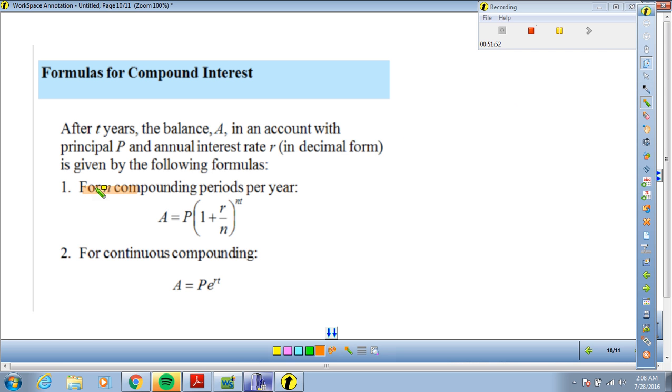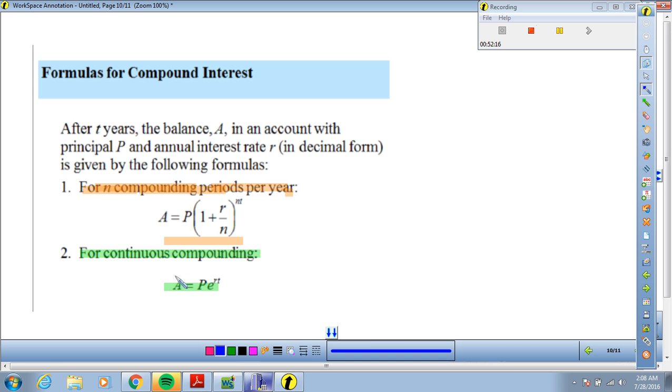There's one for compounded periods per year, and so you're going to be using this one. Or you have the formula for continuous compounding, which is this formula. Now, what's the difference? How to know when to use one or the other?